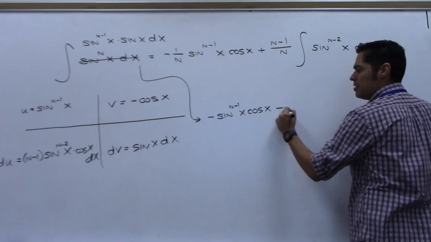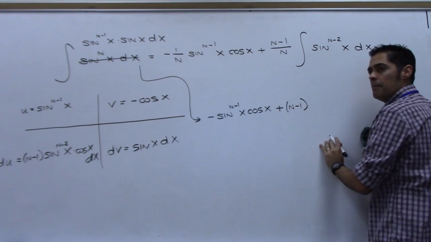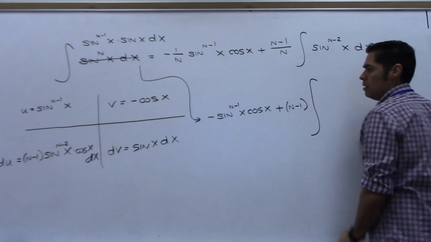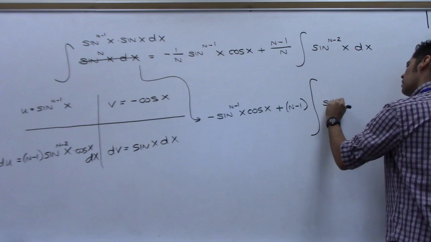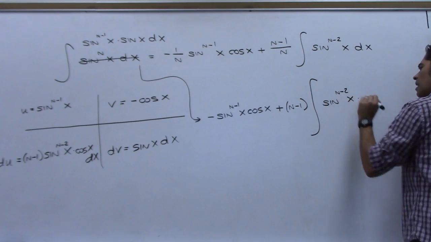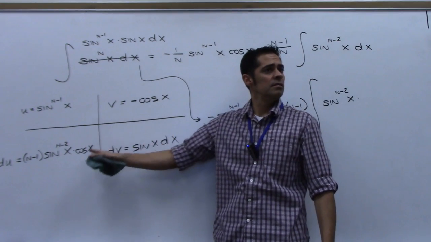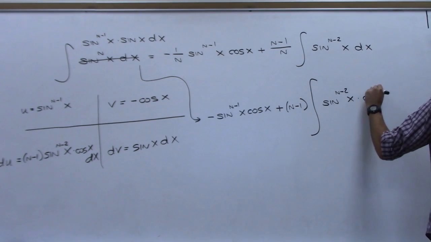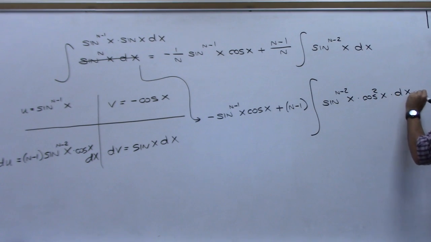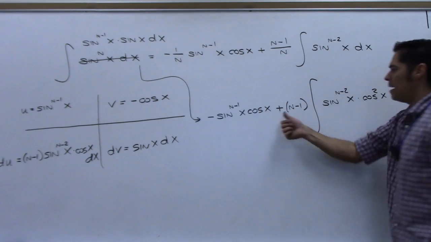When I pull the negative out, it actually becomes a plus n minus 1 times the integral, and then all the other stuff: sine to the n minus 2 x times cosine times cosine, cosine squared, times dx. The negative I already pulled out. This negative came with this and came out of the integral, and that's what made this a plus.